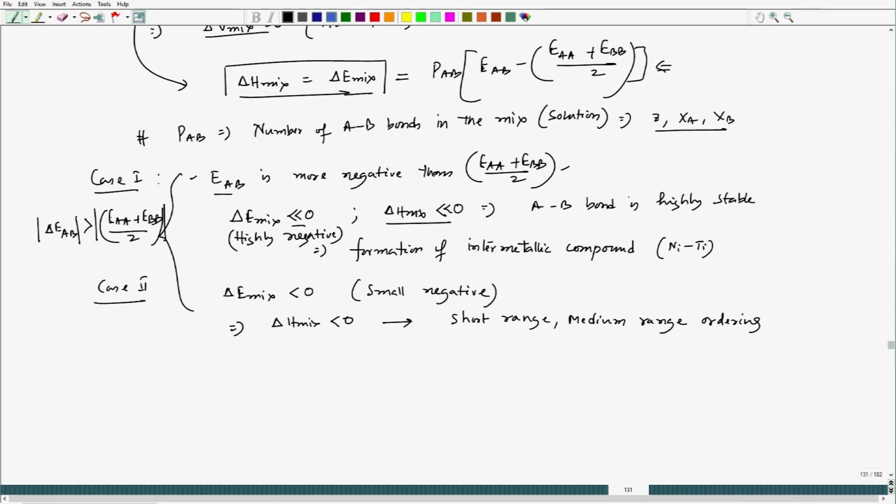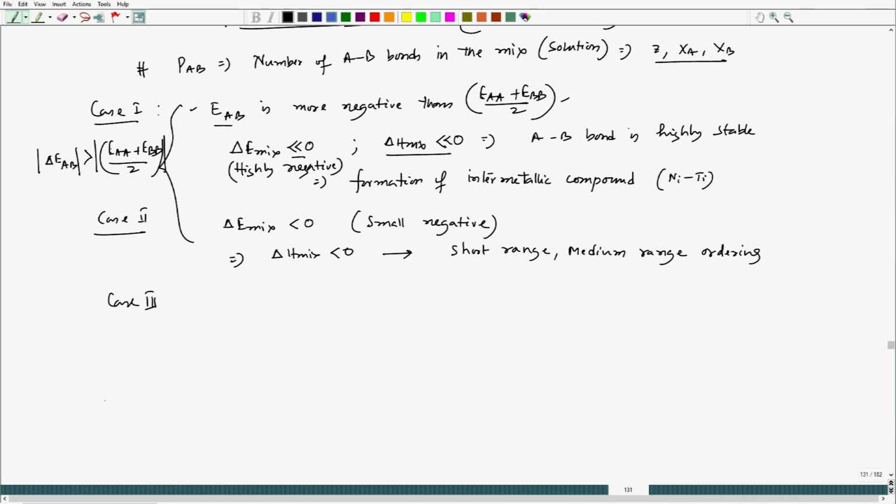That means EAB is more negative than EAA plus EBB by 2. Then case 3, and we can have another case 4 where EAB, if we take the mod value, would be less than this.